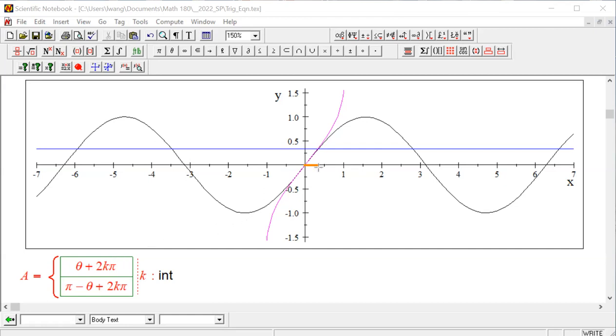And this is a positive ratio, so it's going to be between 0 and pi over 2.